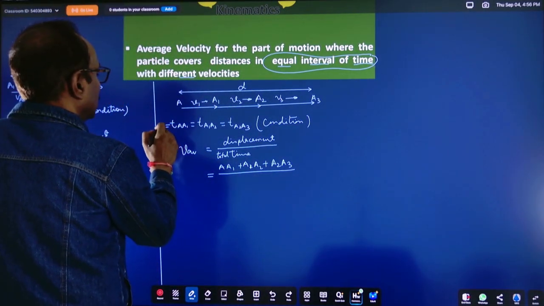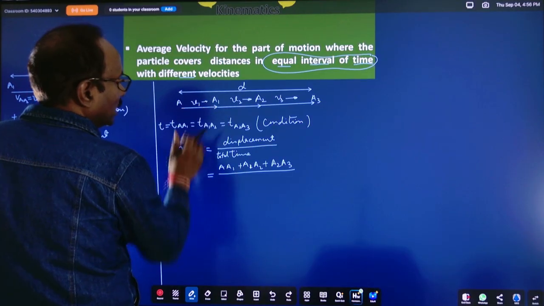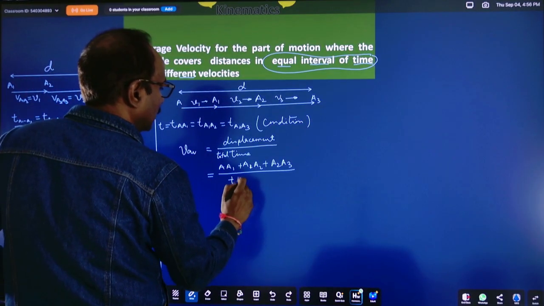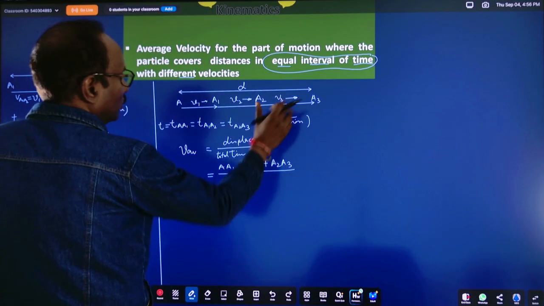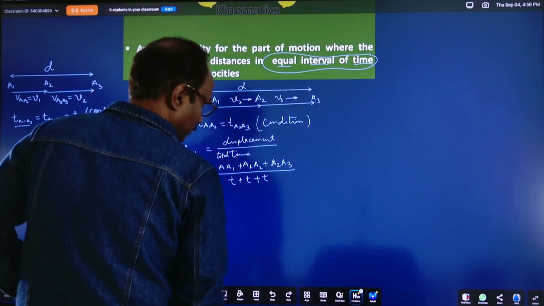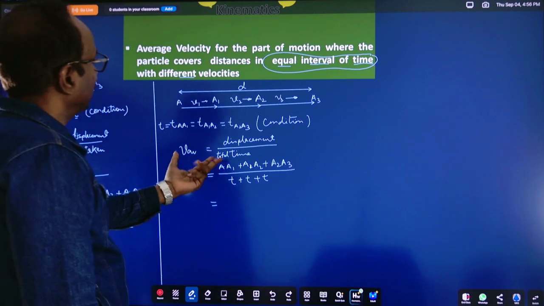Let us say this is equal to T. So from A to A1 T, A1 to A2 T, A2 to A3 T. How much will be A A1?